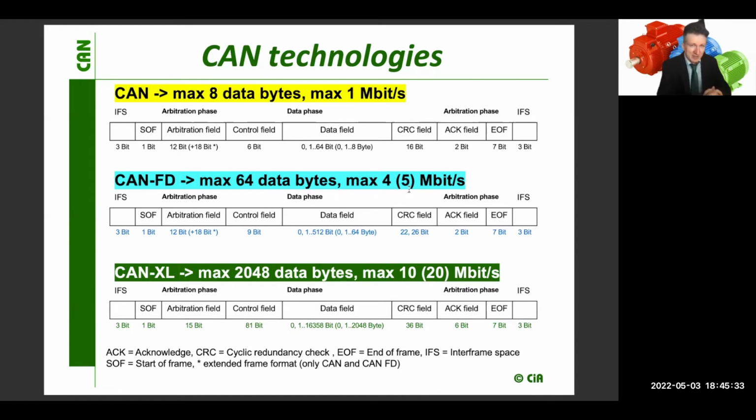This slide just illustrates how CAN technology evolved over the years and what it offers in key features, such as payload and throughput. This means the rate of effective data transmission.